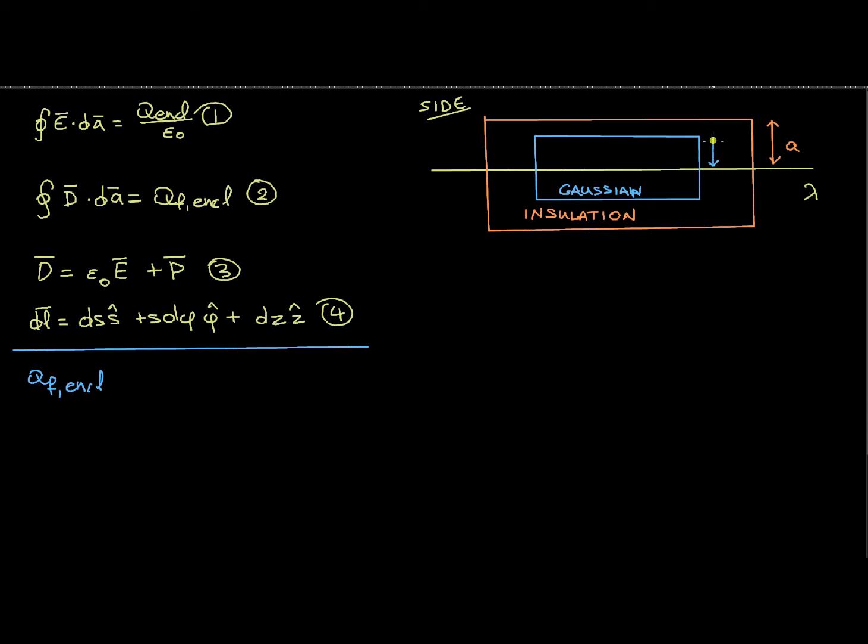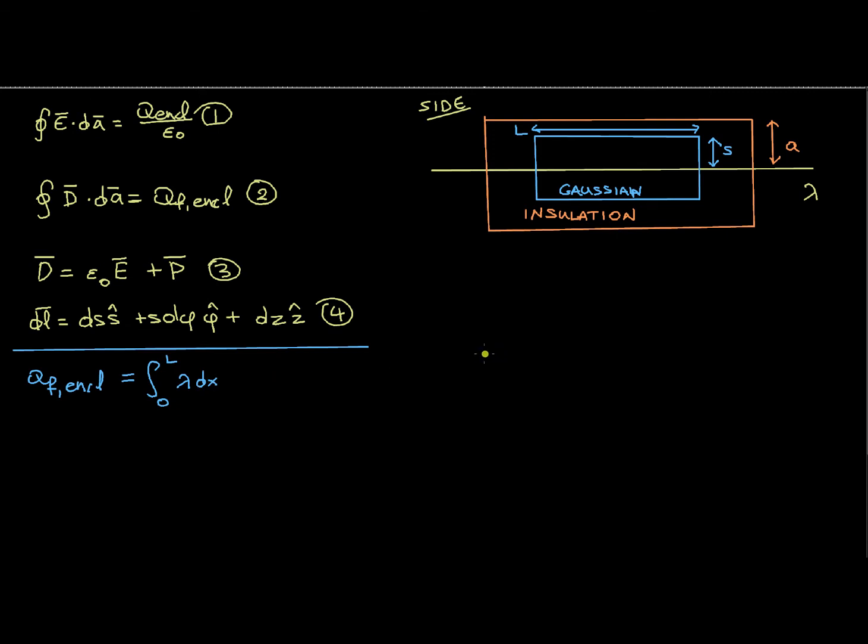Let's say that this radius is s, and that from here to here the length is L. Since it is a linear charge density, to find the charge enclosed I will need to integrate from 0 to L my charge density times dx.